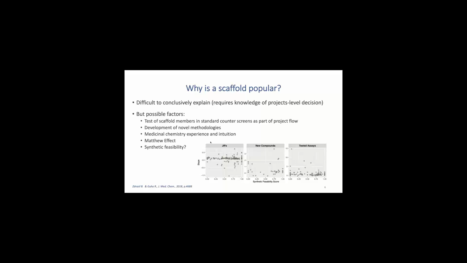That's basically the effect that the poor get poorer and the rich get richer. In this context, it would mean we tend to use methods, or even syntheses, that worked in the past. So there are so many factors, and it's really hard to explain this conclusively.